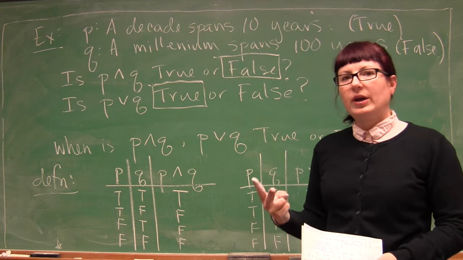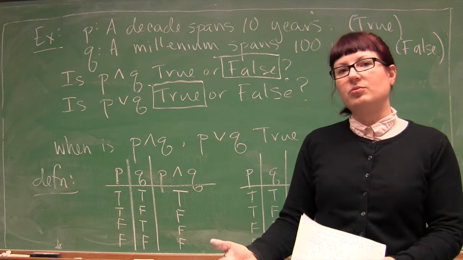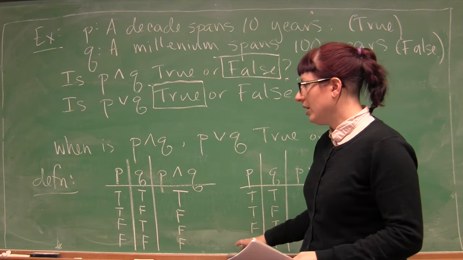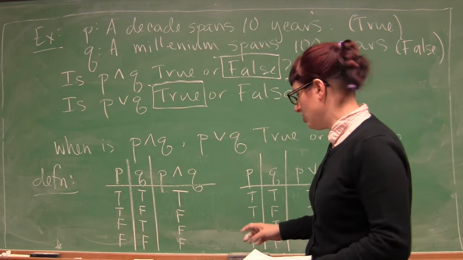So far we've learned two ways to take propositions and create new propositions. The next way, we can do it with just one, and it's called negation.